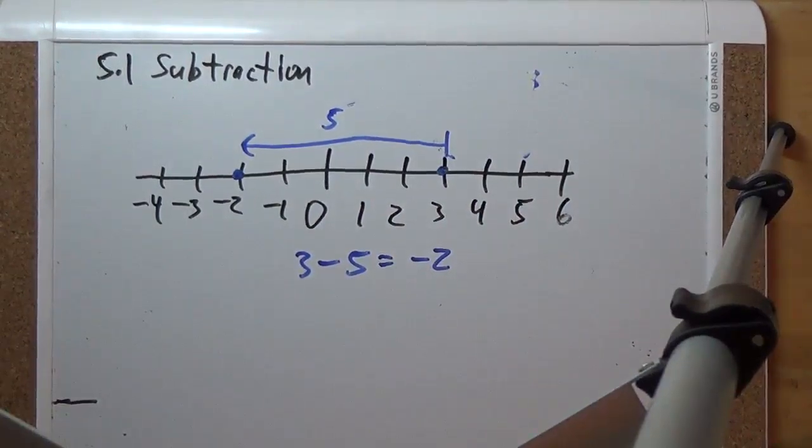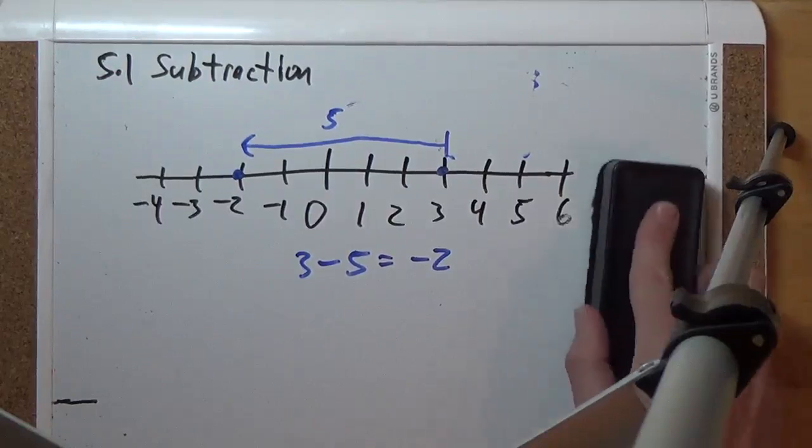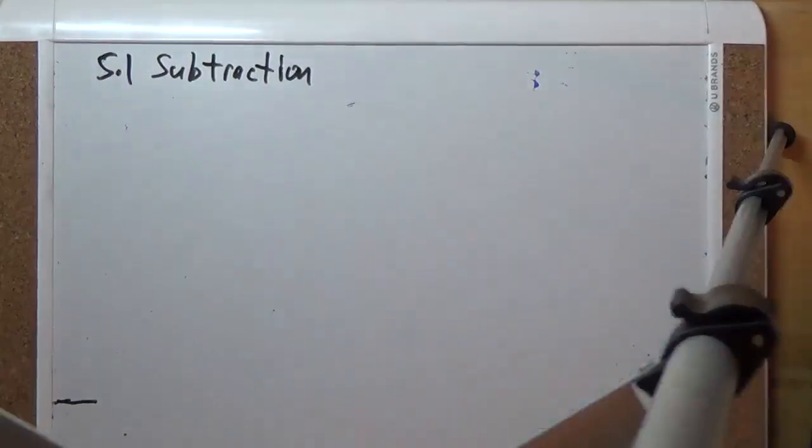This is not so easy with the chip model. And if you remember that article on specialized content knowledge, Ms. Gonzalez kind of ran into trouble with this. So let's explore the chip model this way.